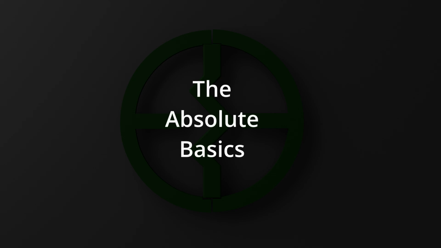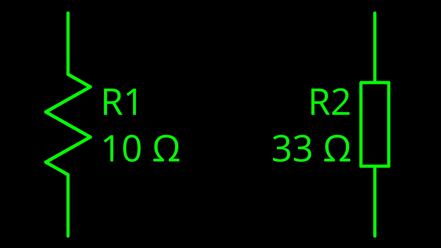The absolute basics. These are both common schematic symbols for resistors, with the American standard symbol on the left and the international standard symbol on the right. Resistors are usually named with an R and a number, and their values are measured in ohms, represented by the Greek letter omega.